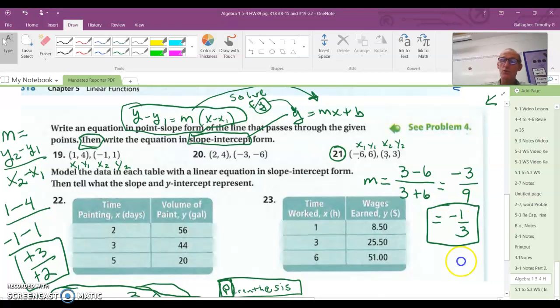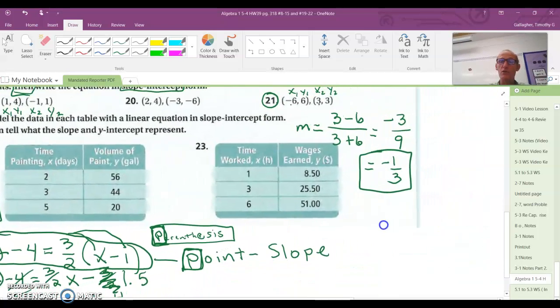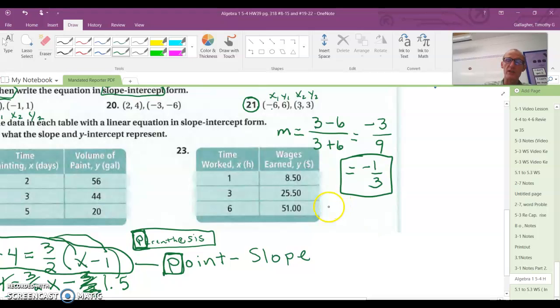Okay? So now we're going to substitute that into point slope. Substitute the x1, y1, and the slope. So y minus 6, which is y1, equals negative 1/3 parentheses x plus 6. Now that's point slope.